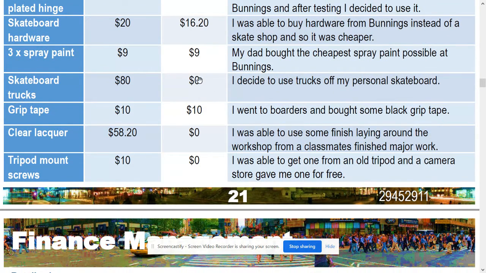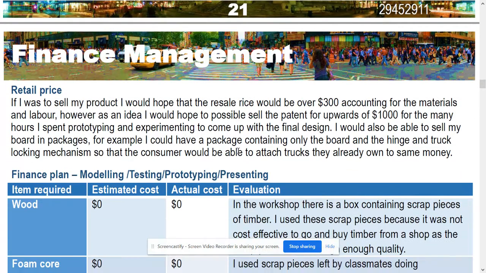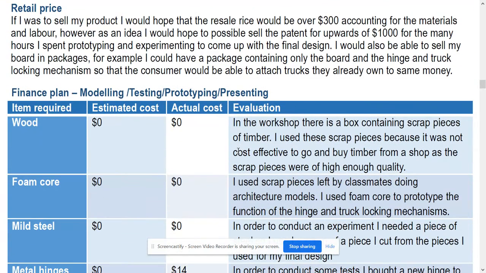And like I said earlier, a lot of this stuff might come from school, so it's something that you might get. This student has also put in the retail price of various things, talking about if he was going to sell the product, what it might cost to sell it at the end.